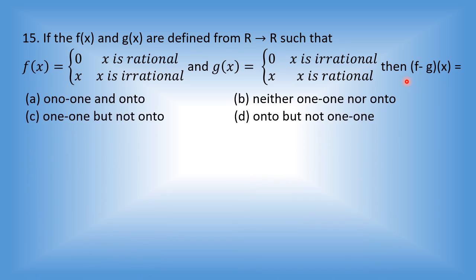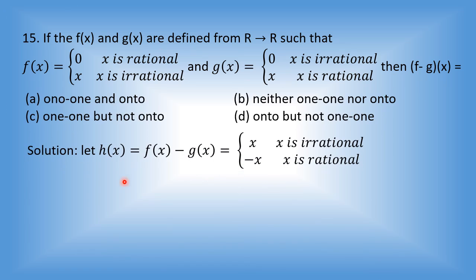To find this, for simplicity, we will take f minus g of x as h of x. So by definition, f minus g of x is f of x minus g of x. According to the definition, when x is irrational, f of x equals x. When x is rational, f of x equals 0.